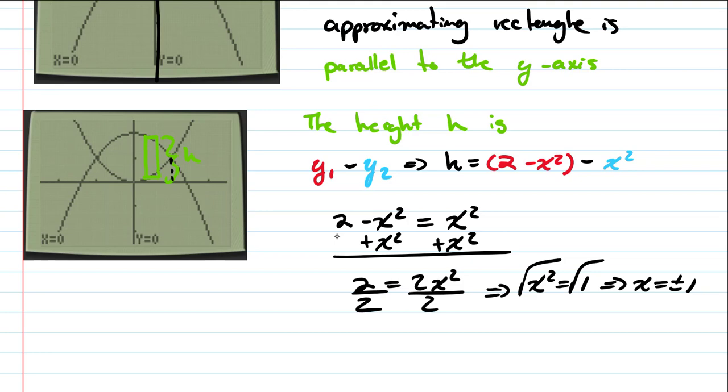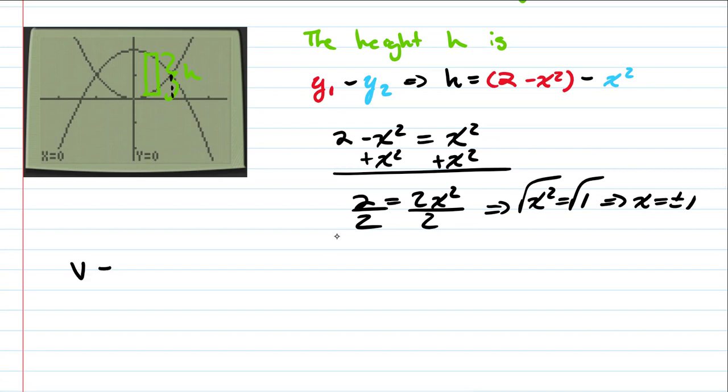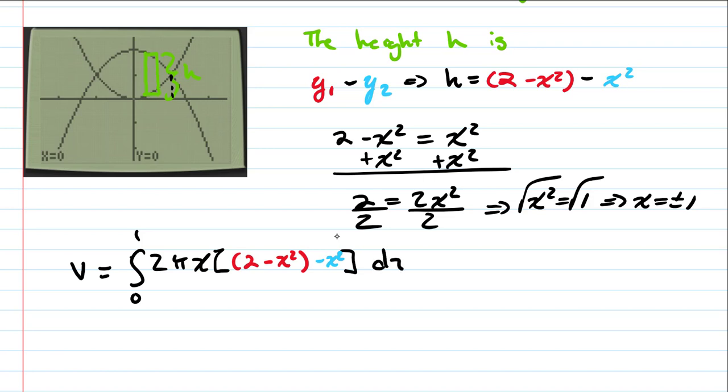So now, our limits of integration are going to be, for our volume, the integral from 0 to 1 of 2 pi x times f of x, which is 2 minus x squared minus x squared dx.